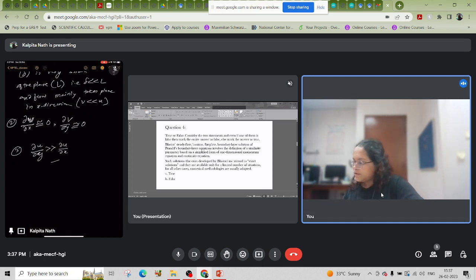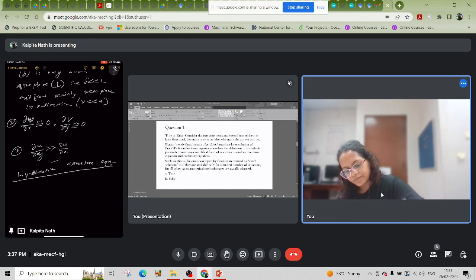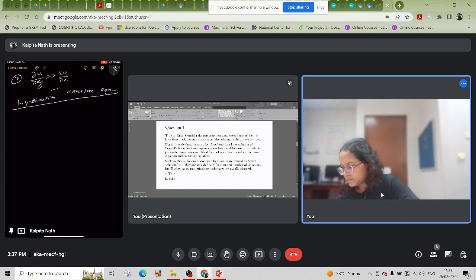Okay, so in the y direction momentum equation, if we put in the above approximation, what we get is minus del P/del Y plus rho Gy is equal to 0.